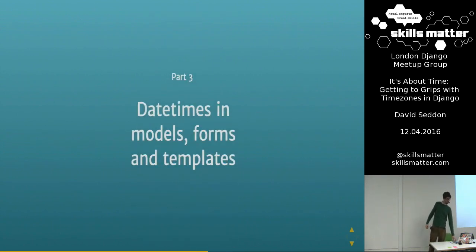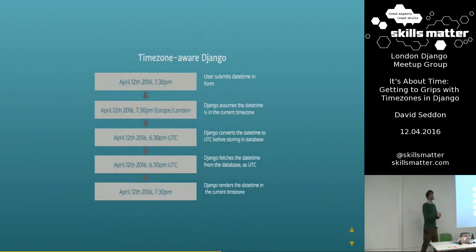Date times in models, forms and templates. So this is, if you remember nothing else from this talk, remember this. This is the life cycle of how Django will handle a date time. So first of all, the user will submit a naive date time in the form. Django will then assume that date time is in the current time zone for the user, whatever it is.